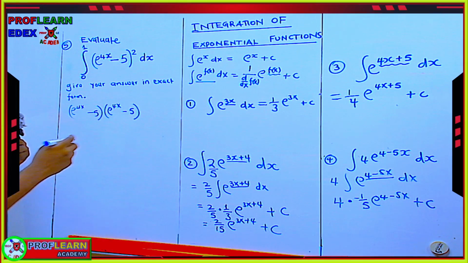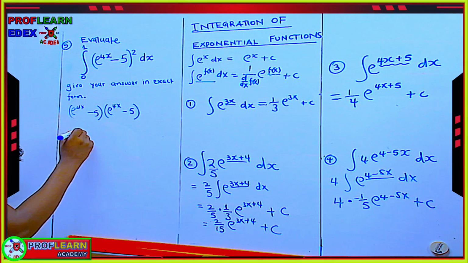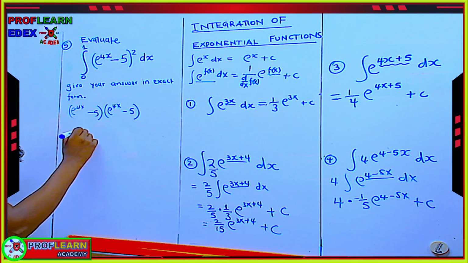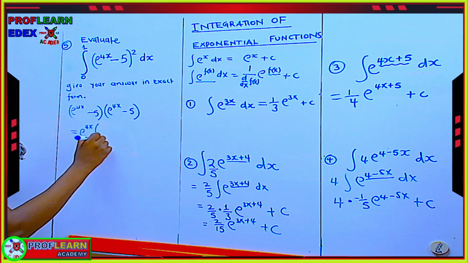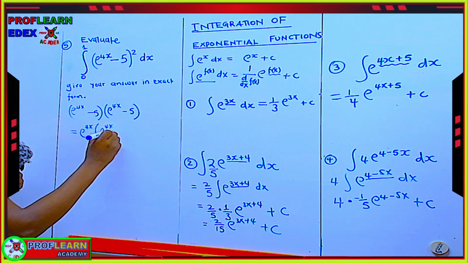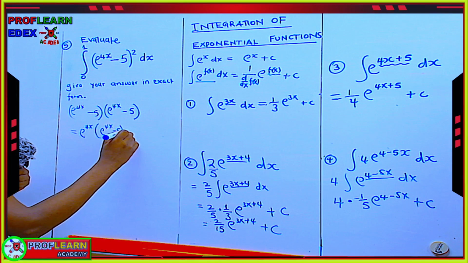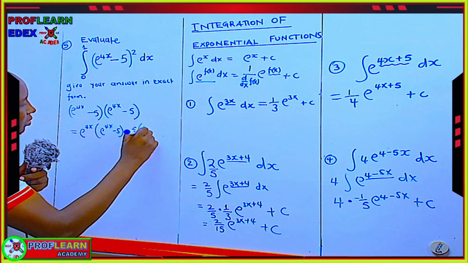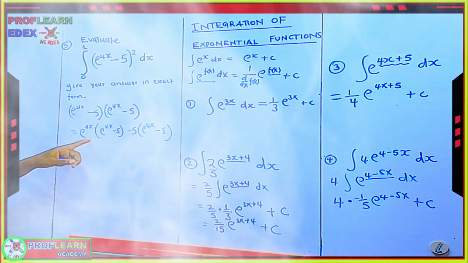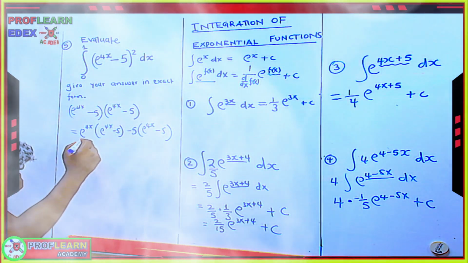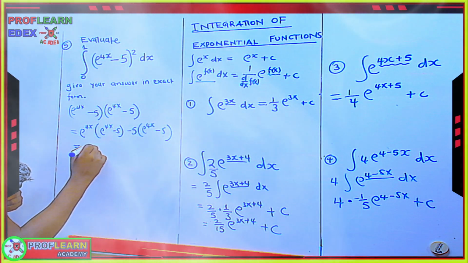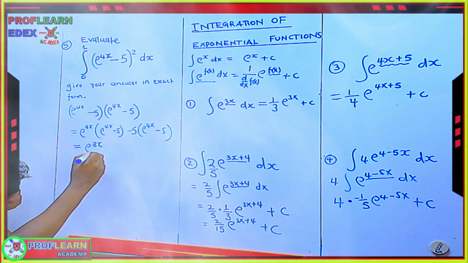Now, if we open the bracket here, this is going to be e to the 4x into e to the 4x minus 5, then minus 5 into e to the 4x minus 5. So opening this bracket, we have e to the 8x.